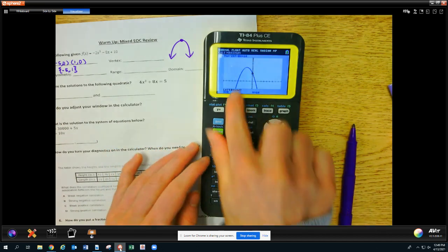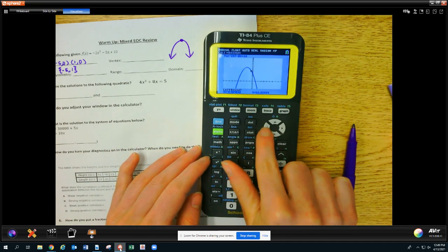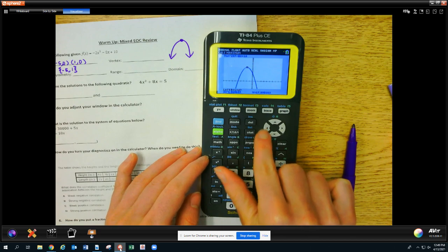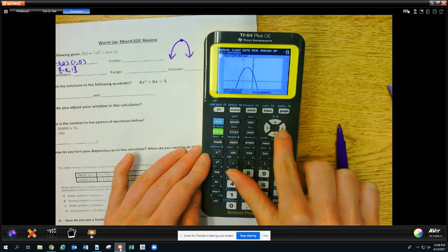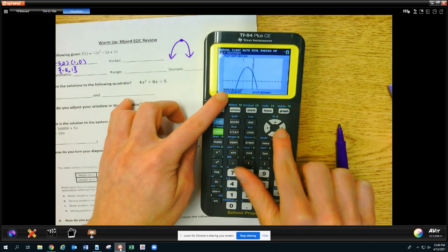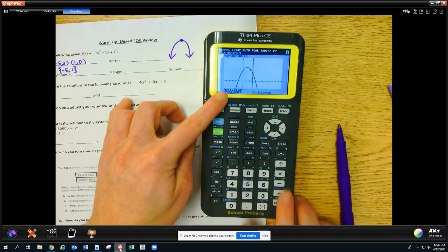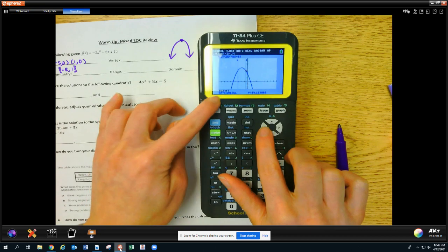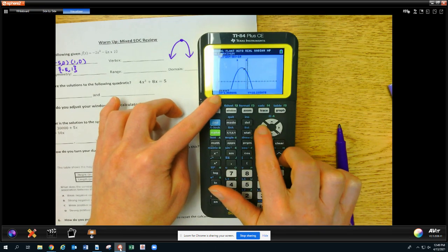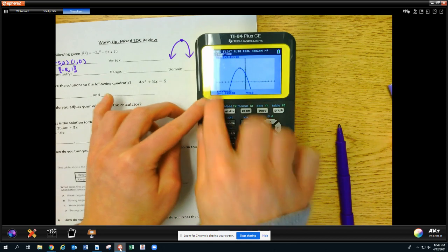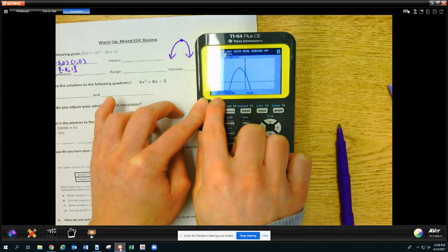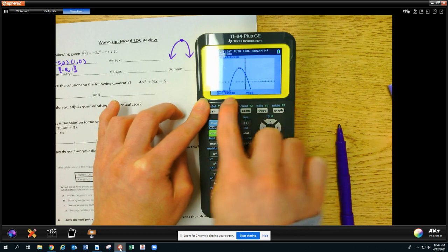Then it's going to ask for a left bound, so use your left arrow to move to the left of the vertex. Press enter. Use the right arrow to move to the right. Press enter. And then when it says guess, make sure you're in between those 2 bounds. Press enter once more. Once it says the word maximum, that's going to be your coordinates.